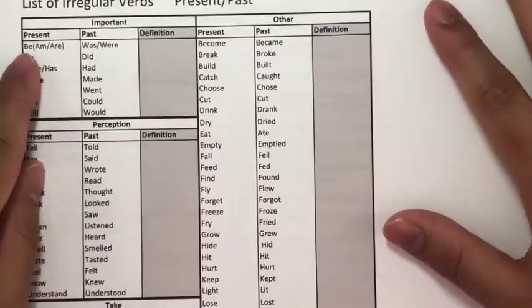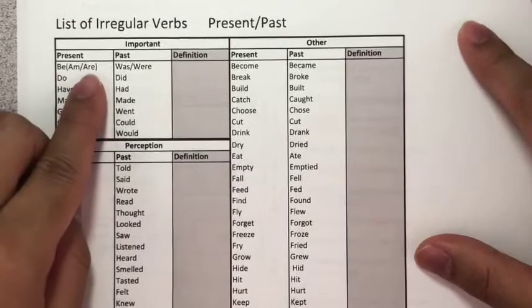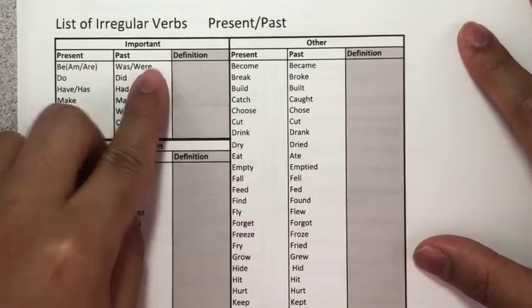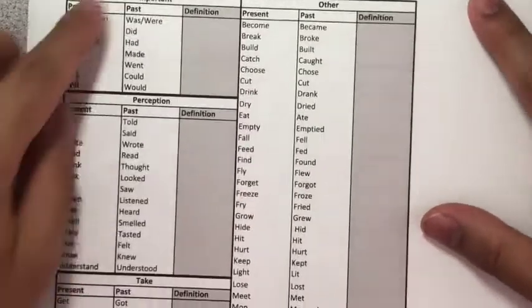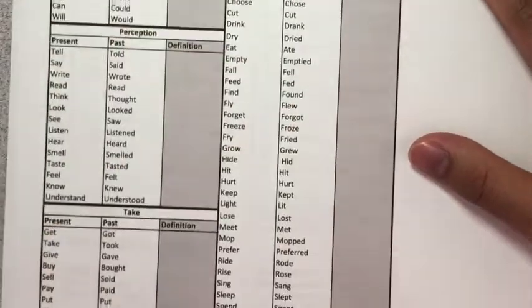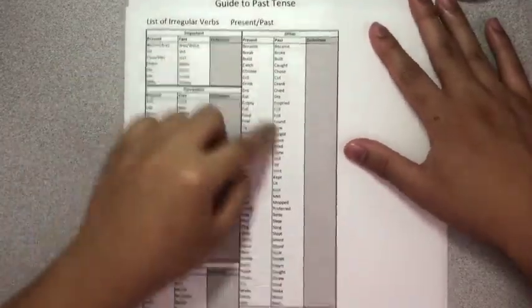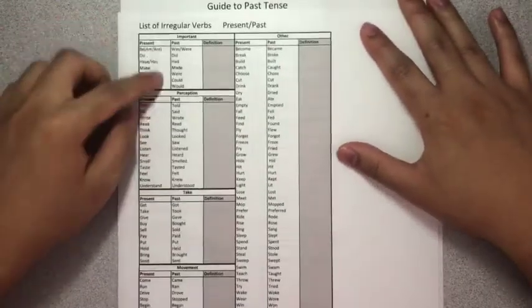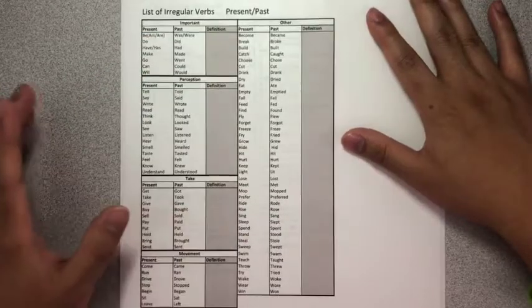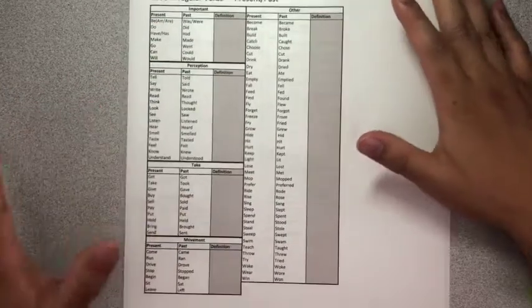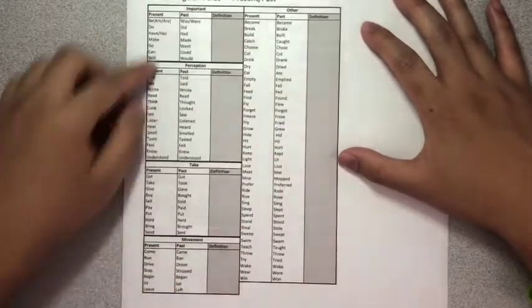So words like to be, I am, you are, it becomes I was, you were. These are all of the irregular verbs. There's about 70 verbs here. You do not need to know all of them, but it's good to know. These are good to know because we use these words every day.